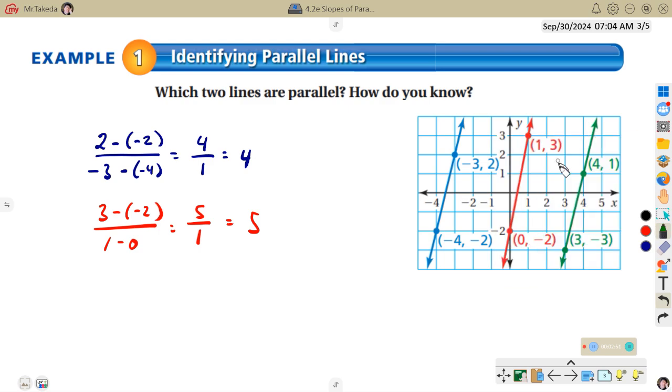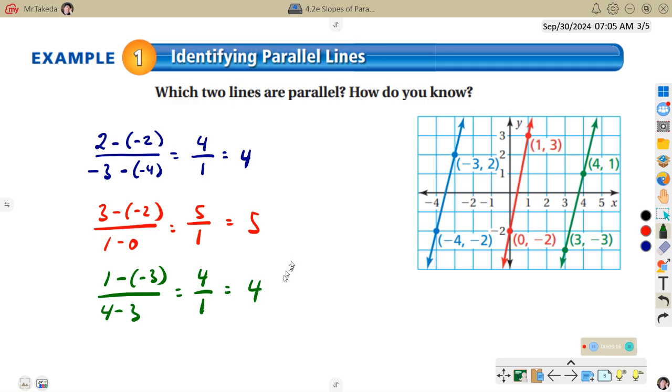Now the green line, we'll do the same thing: 1 minus negative 3, and then 4 minus 3. 1 minus negative 3 is like saying 1 plus 3, so that's 4. And 4 minus 3 is 1, so the green line has a slope of 4.